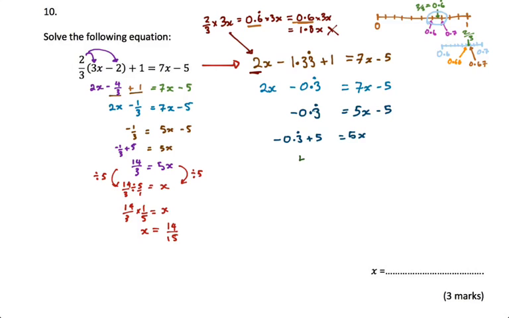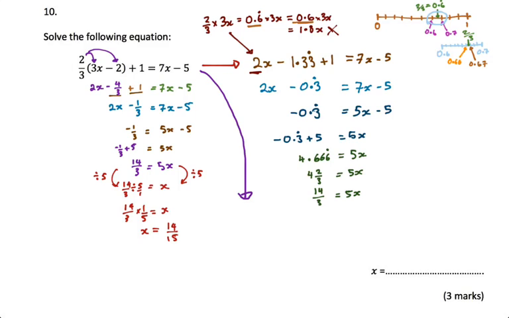And this is where they might have got stuck. 5 take away 0.3 recurring is not 4.7. It's 4.66666 recurring. Or you can think about it as 5 take away a third. And 5 take away a third is really going to be 4 2/3. 4 2/3 you might have written as 14/3, and then we get to where we were before.